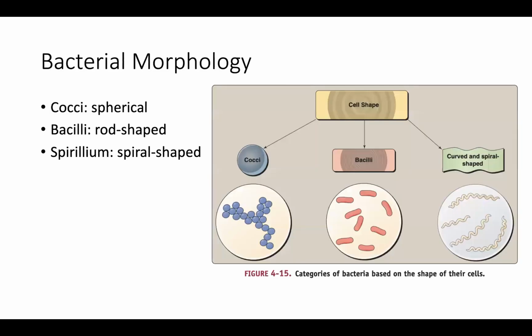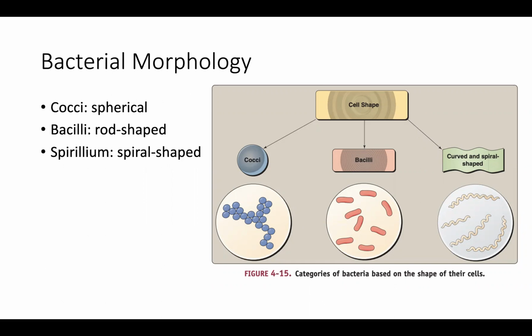All right. So in terms of bacteria morphology, morphology again is referring to the shape of the cells, right? We can categorize or identify bacteria based on the shape of their cells. If you haven't jotted these down in your notes, jot these terms down: cocci, bacilli, and spirillum.